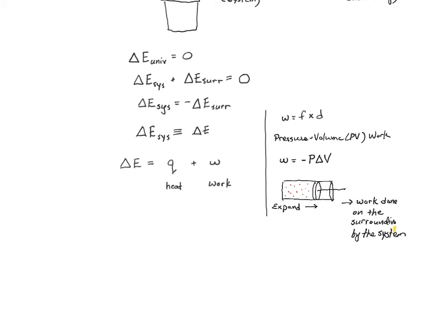Alternatively, if the surroundings were to increase their pressure and push back in onto that piston, through a process called compression, the piston is going to be pushed down and the particles of the gas are going to be pushed closer together.